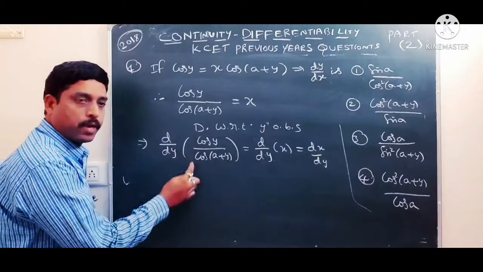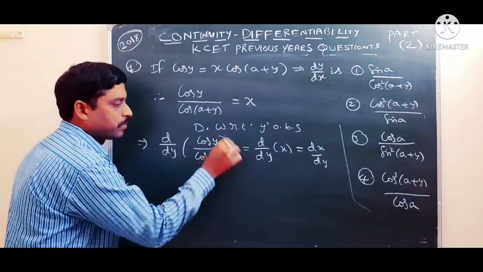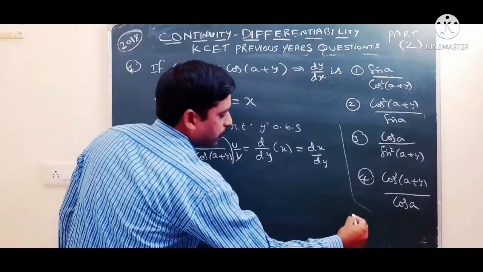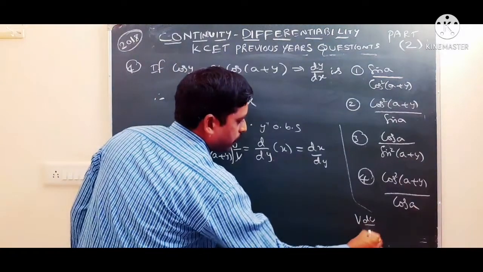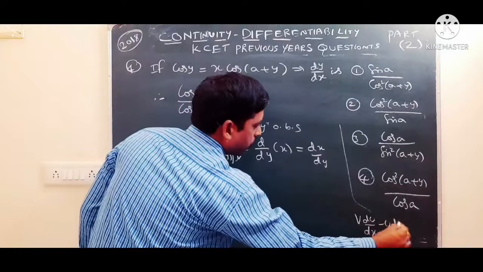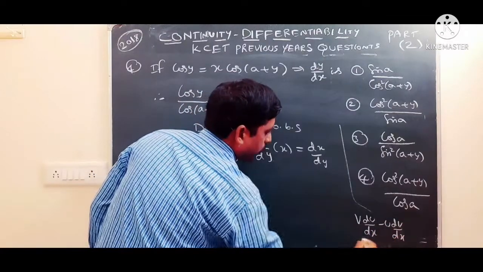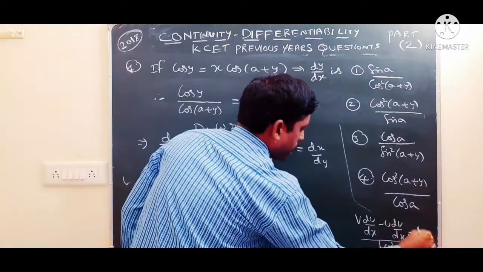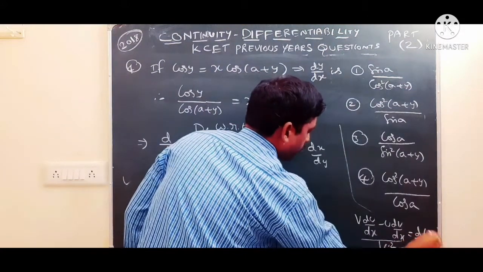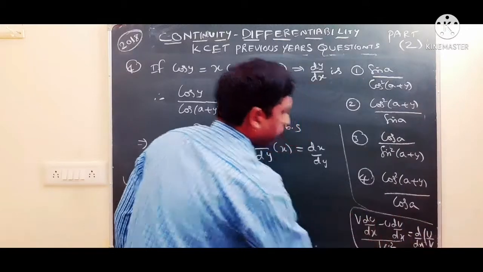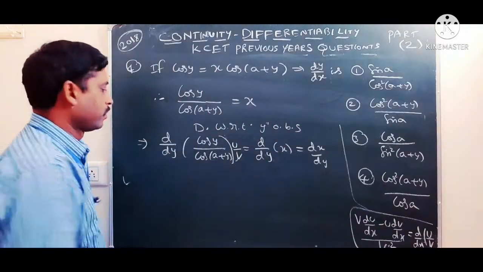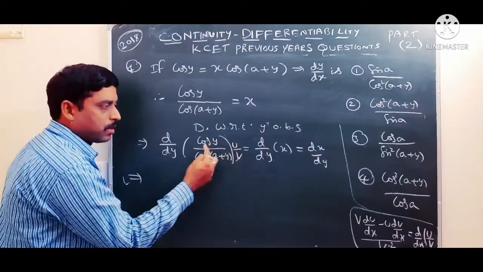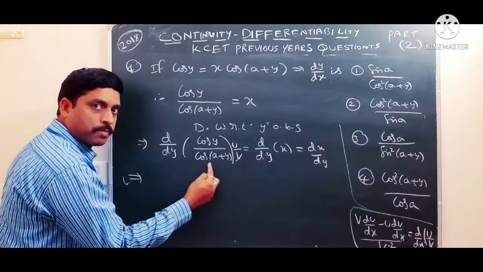So by using u by v, what is the u by v formula? The formula is v into du by dx minus u into dv by dx, all by v square. This is equal to d by dx of u by v. Here u is cos y and v is cos of a plus y.